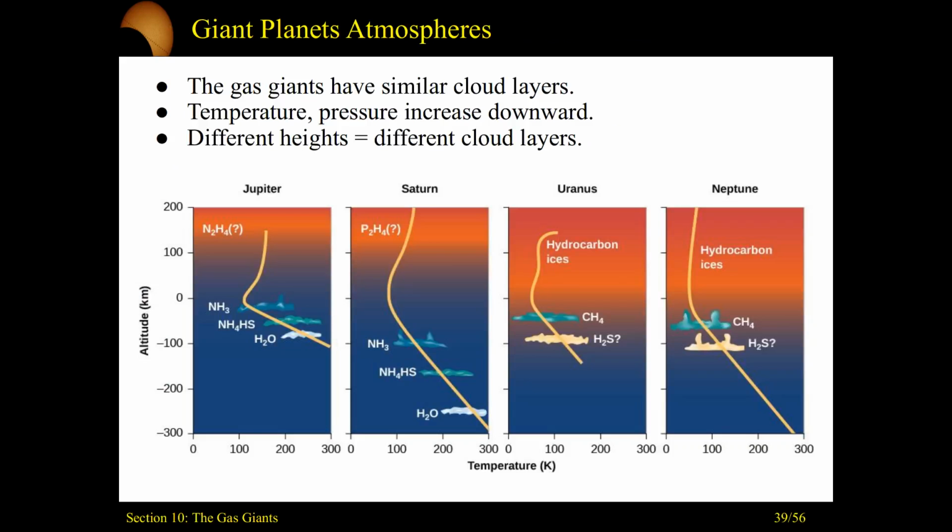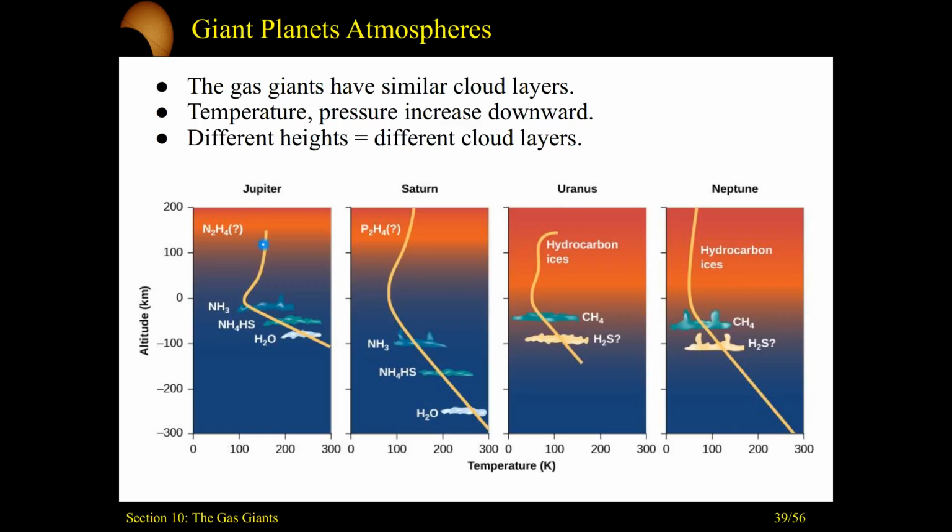Let's play that familiar game we did back with the terrestrial atmospheres: look at the temperature versus altitude. For the gaseous planets, it'll be easier to think about going downwards. So the terminology I'm going to use is that as we go deeper and deeper into the planet's atmosphere, we're going to get to higher temperatures, higher pressures. That's a more defining characteristic. And for the gas giants, we'll find very similar gas layers.